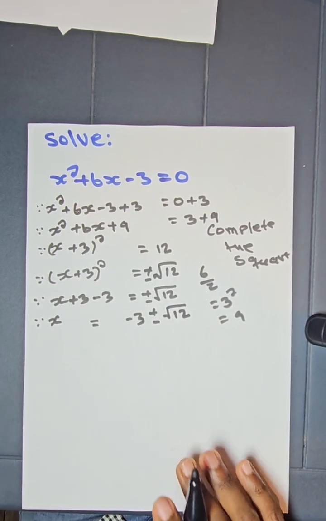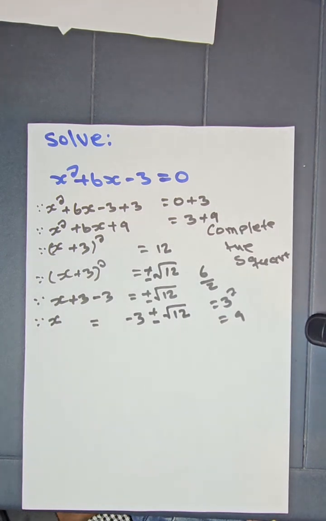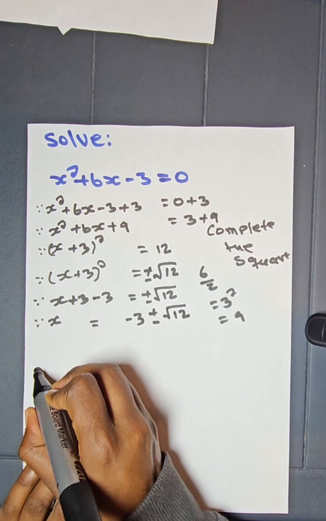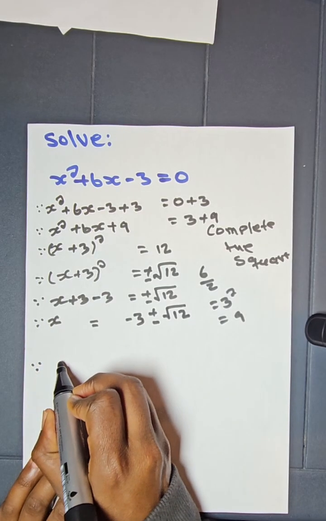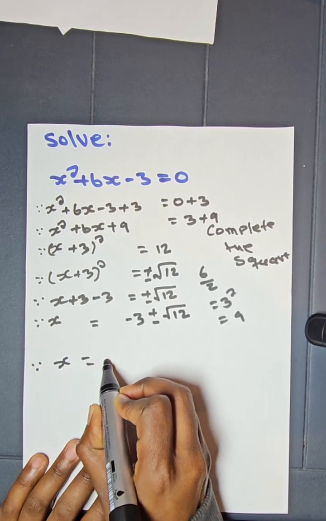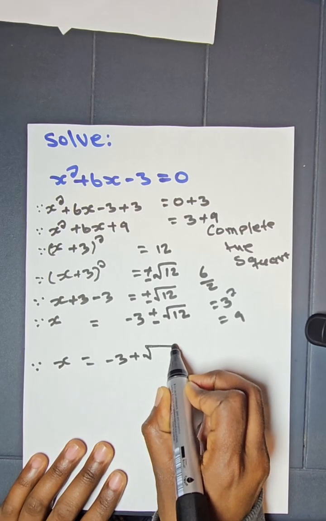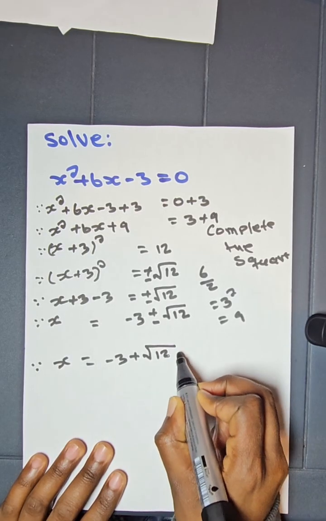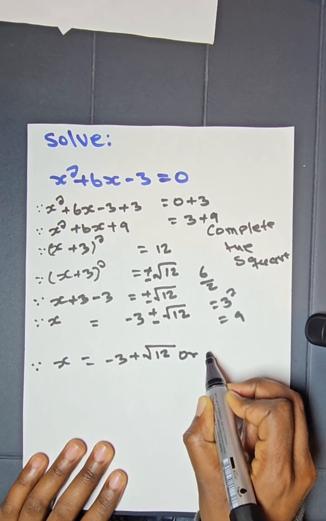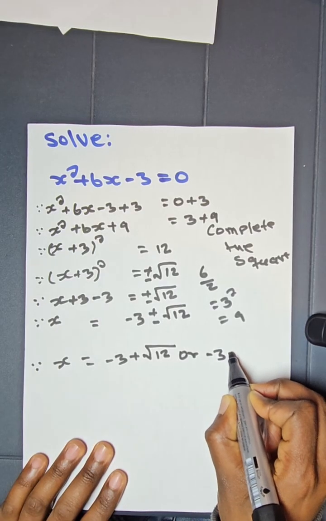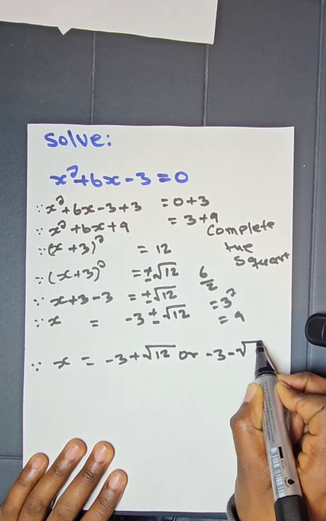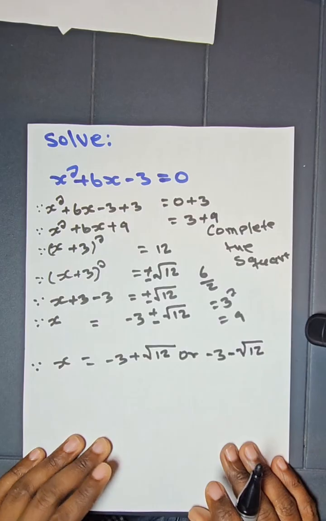Now we have the solution, and our x equals minus 3 plus the square root of 12, or minus 3 minus the square root of 12.